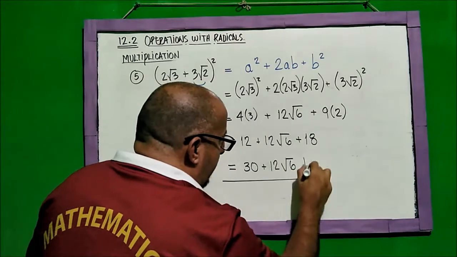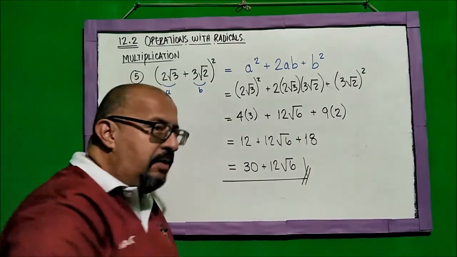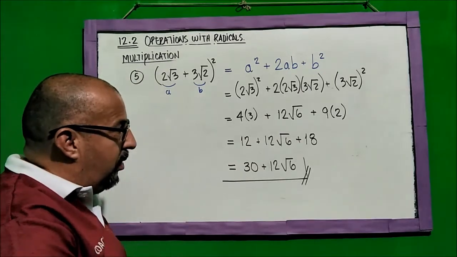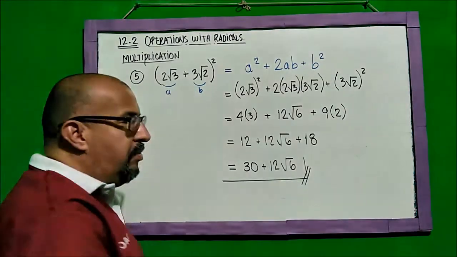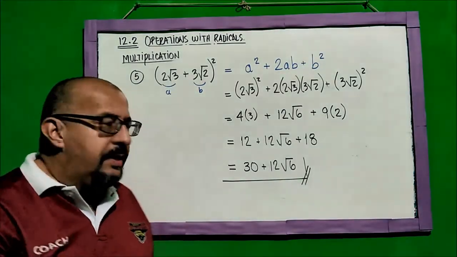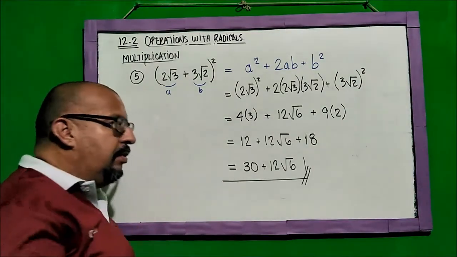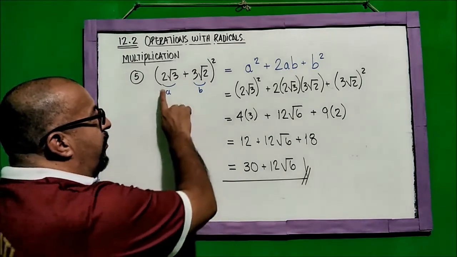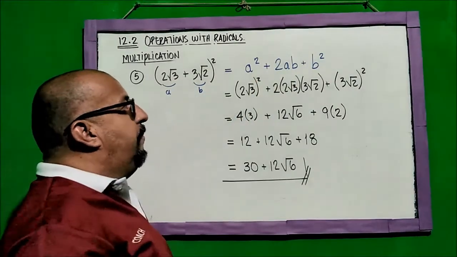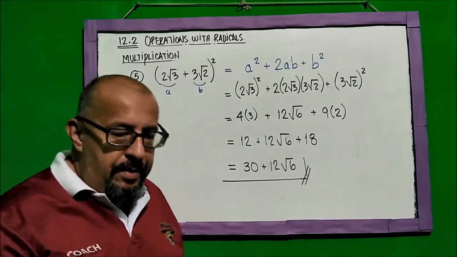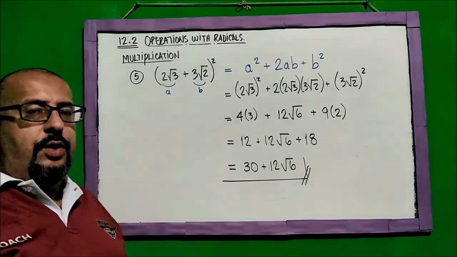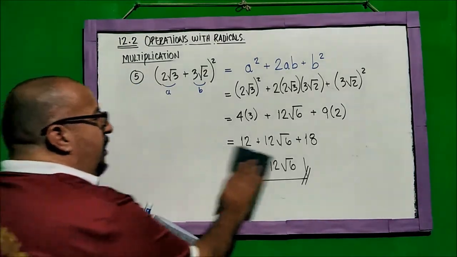Again, we have an expression in simplest radical form, which is totally unfactorable anymore because the square root of 6 does not have a perfect square. Then this is what we call the simplest radical form of this expression, and if you remember, we applied the square of binomial pattern.